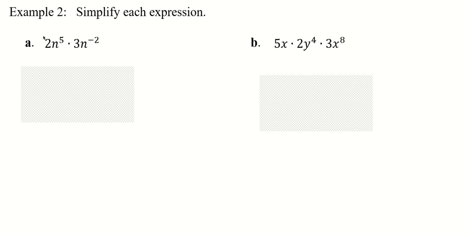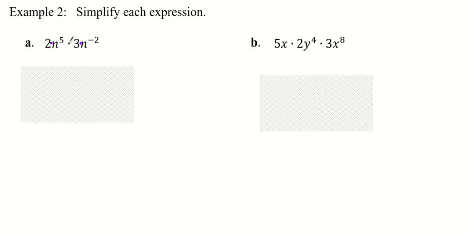Look, when we're doing 2n to the fifth times 3n to the negative 2, keep in mind and remember that 2n to the fifth, right, that means 2 times n to the fifth. And over here, this 3n to the negative 2 means 3 times n to the negative 2.